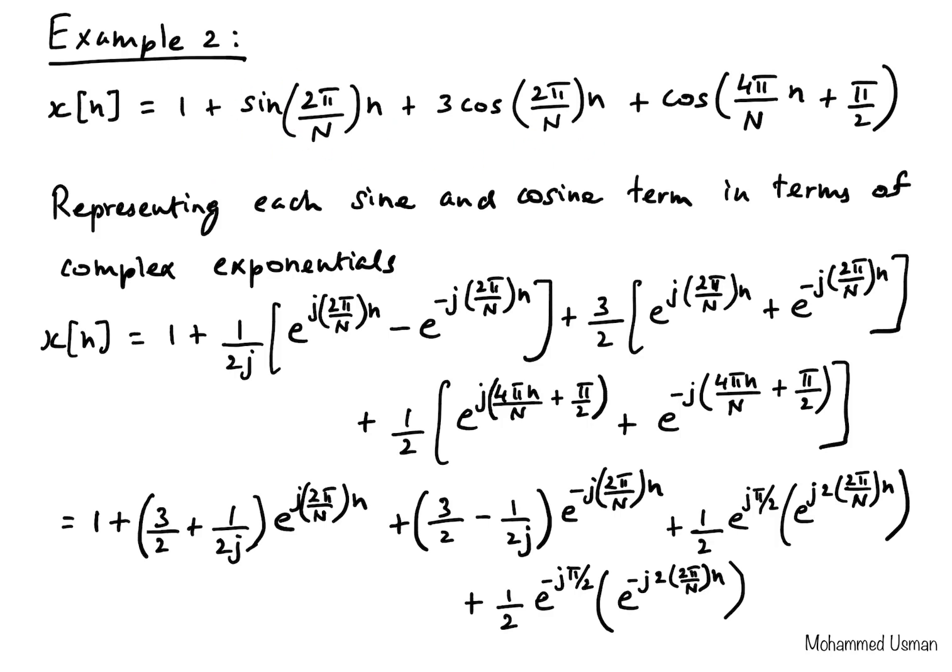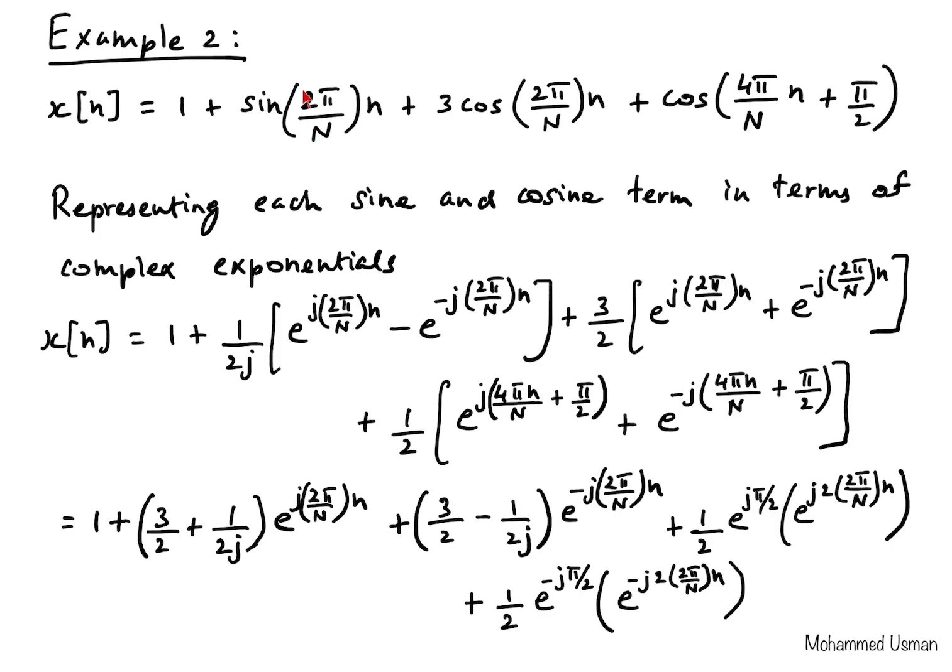We have this sine term, and this is a cosine term, and this is also a cosine term, which is also having a phase shift of pi by 2. These sine and cosine terms are added together to produce this sequence x of n, and each of these values of omega naught satisfies the conditions for being periodic.